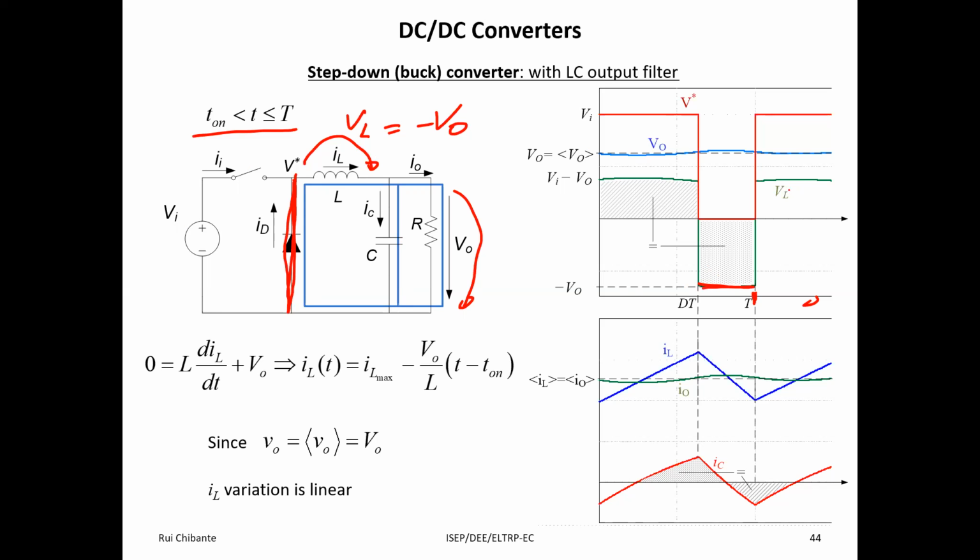This result for VL, so in this first stage a positive value of inductor voltage, and in the second stage a negative value, indicates that in the first stage the inductor is absorbing energy from the source. And in the second stage, we have a negative voltage, the inductor is releasing energy.